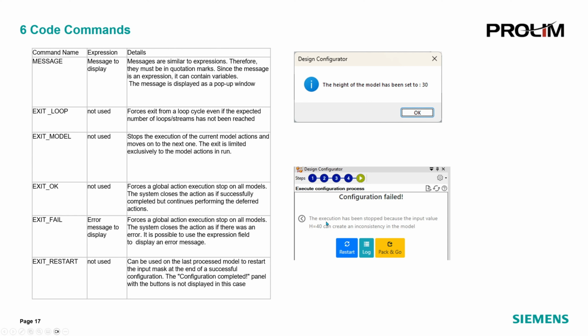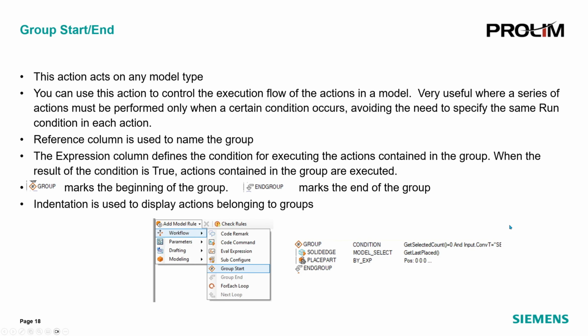It says the execution has been stopped because the input value h can create an inconsistency in the model. This is just an example, and again an important note here is that this error message should be within quotation marks too. So that was code commands.